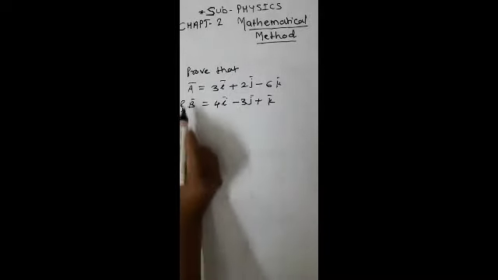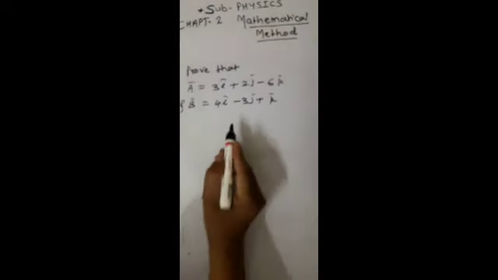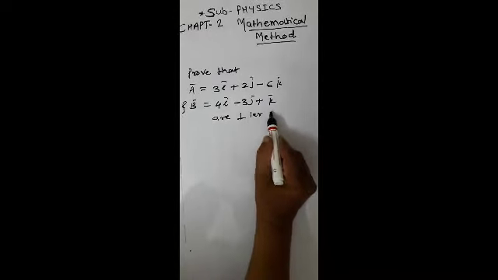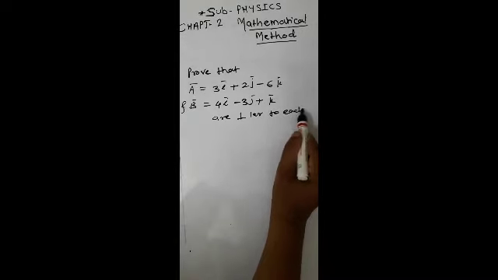Prove that these two vectors are perpendicular to each other.